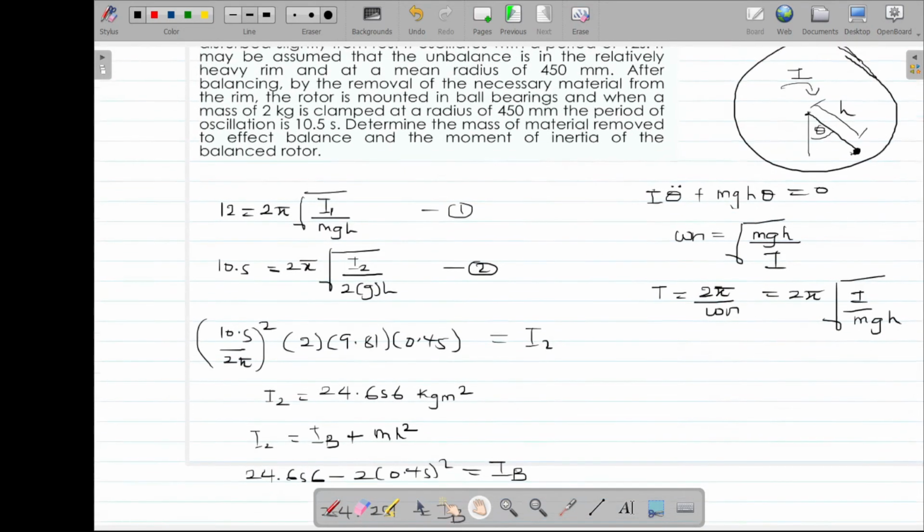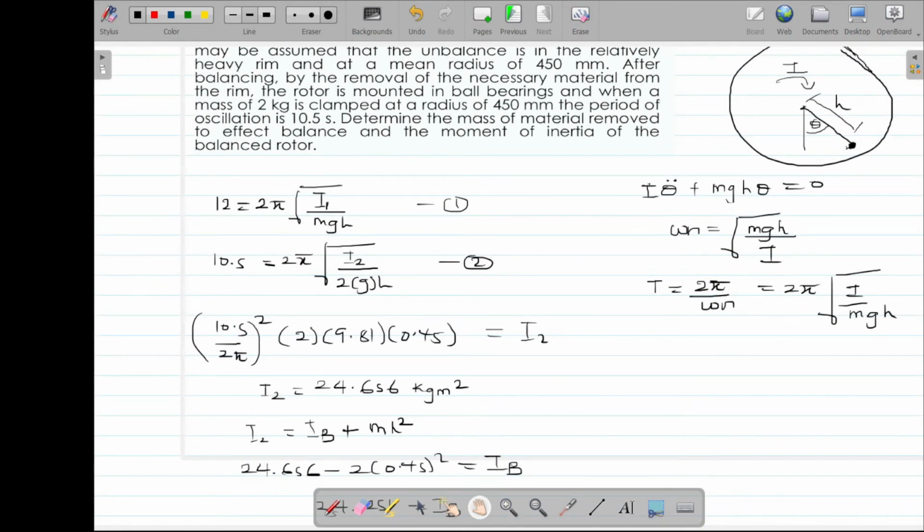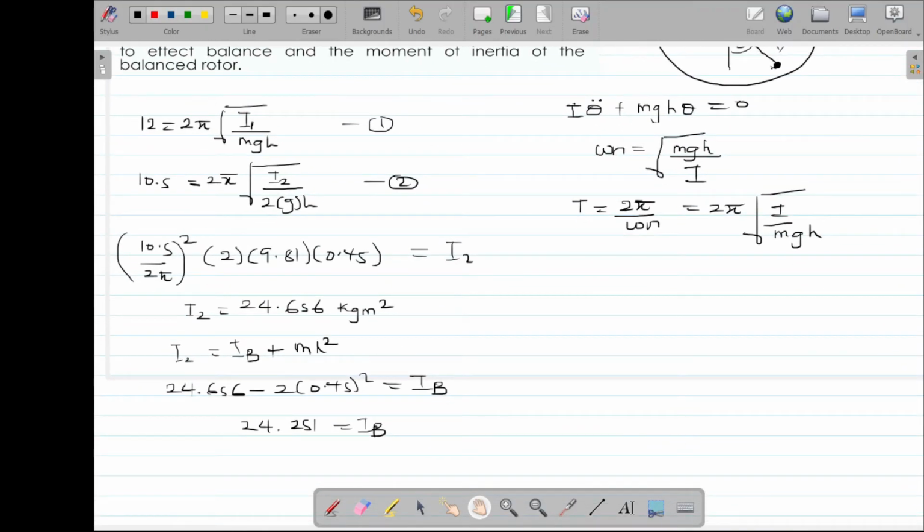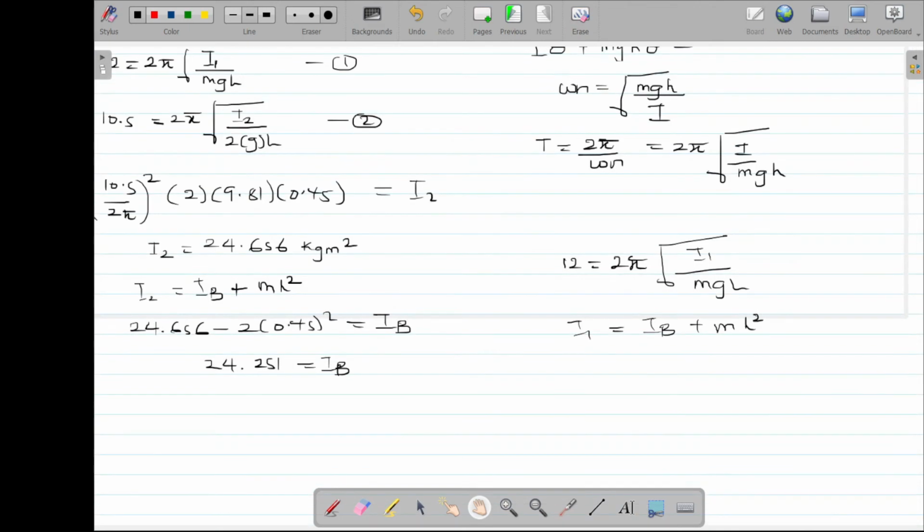Now, the question asks us to find the mass that was taken out. So we use equation 1. Now in equation 1, we have 12 equals 2 pi square root of I1 all on mgh. I1 will be equal to I of the balanced plus the mass added times L squared. So let's make I1 the subject from equation 1.